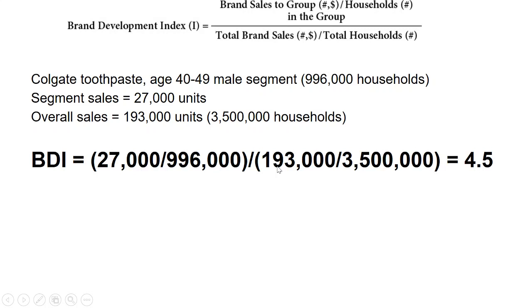So calculating the BDI for our targeted segment is 27,000 divided by 996,000, and overall it's 193,000 divided by 3.5 million. The BDI comes out to be 4.5, which is pretty big. So we do much better in this particular targeted segment than we do overall.